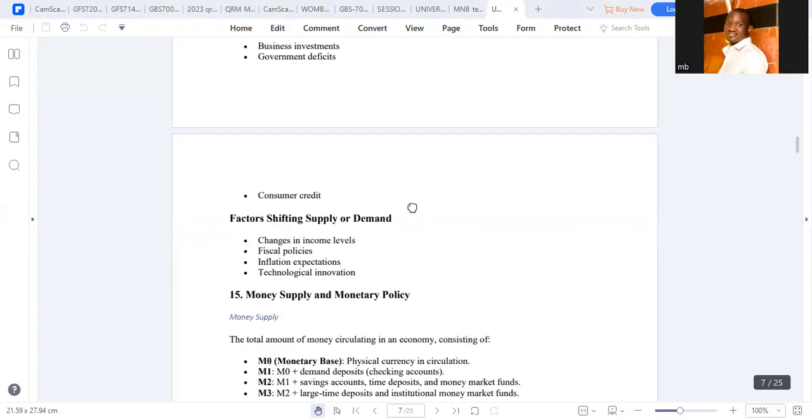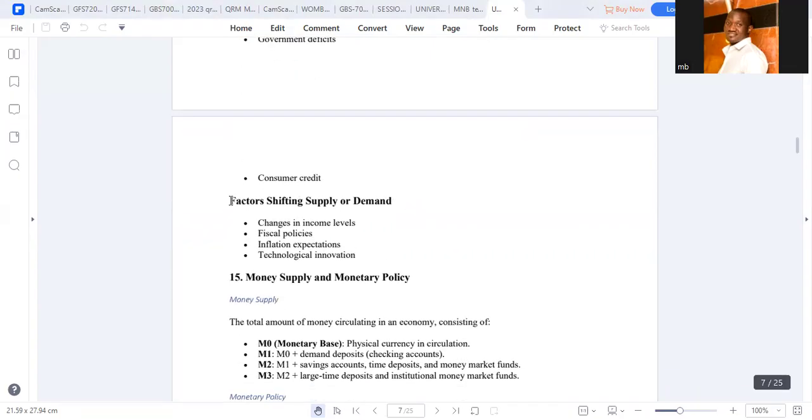Then we go to factors shifting the supply or demand of funds. So what are some of the factors affecting demand and supply of funds? We need to understand that supply and demand for loanable funds is not static. It shifts due to various reasons.